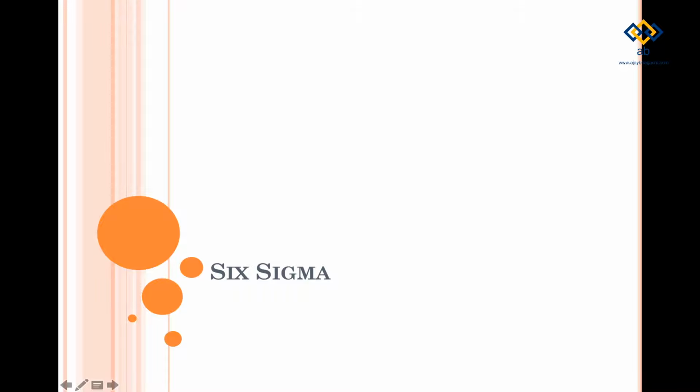Which means if you are talking of 10 lakh units of production, you can expect four problems. So Six Sigma increases the chance of accuracy.